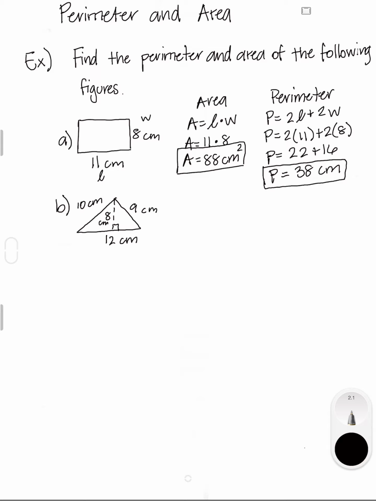Now let's go ahead and find the area and the perimeter of this triangle from part B. So if you go back to the previous slide, you are going to notice that the formula for the area of a triangle is 1/2 times the base times the height.